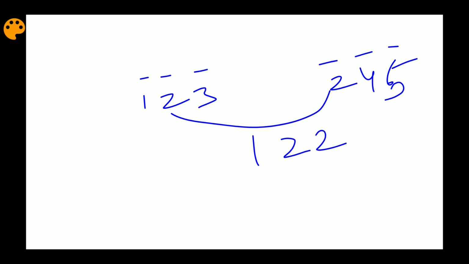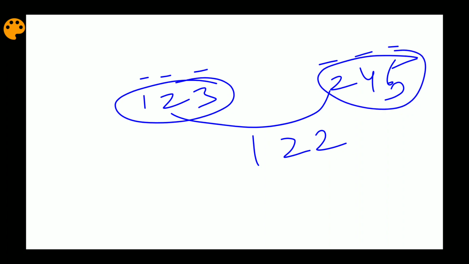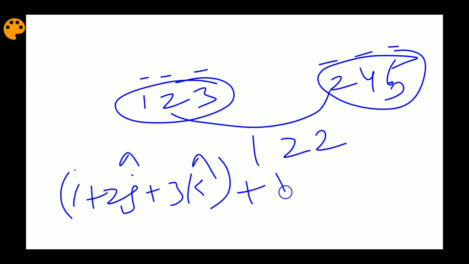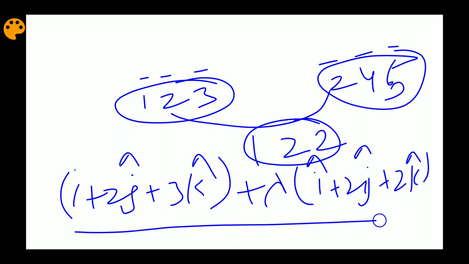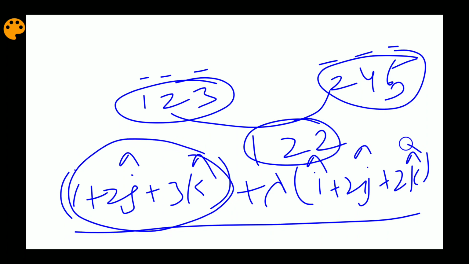The vector equation will be, I can take any of these 2 points, like i plus 2j plus 3k, followed by lambda into the direction ratio vector, that is i plus 2j plus 2k. So this is my equation in the vector form. What I did is write down the point, and then the direction ratio followed by lambda. So this is the simplest form.